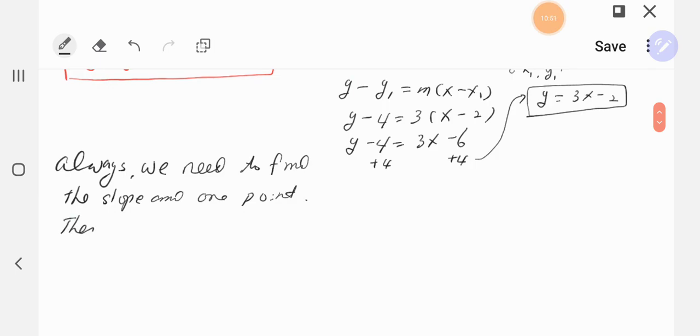Then use y minus y1 equals m times x minus x1, or y equals mx plus b, to write an equation.